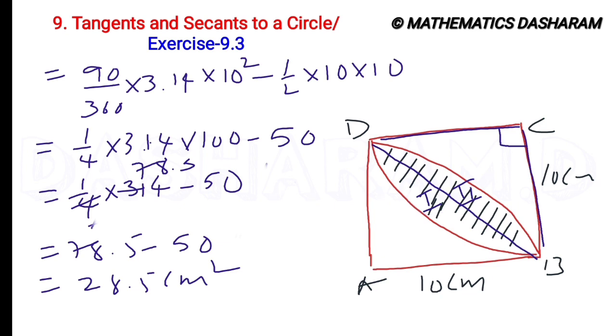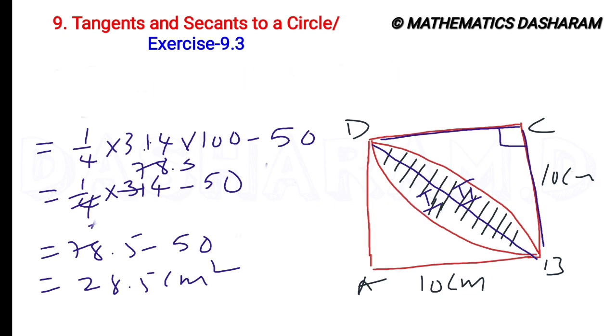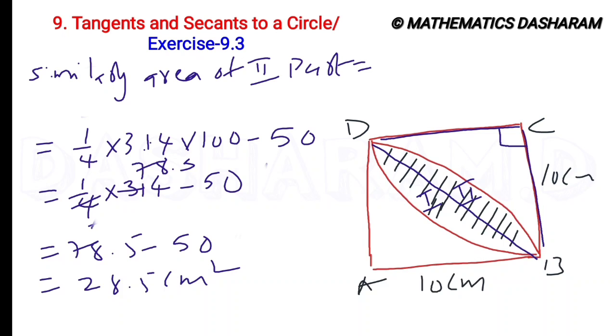Next, area of the second part. So what is the area of the second part? Same, 28.5 centimeter square. Why? Because how to find the area of the second part? Area of a sector or quadrant minus area of a triangle. The measurements are the same, so you will get the answer 28.5 centimeter square.